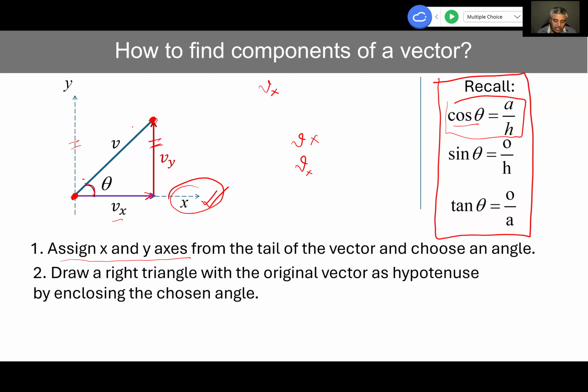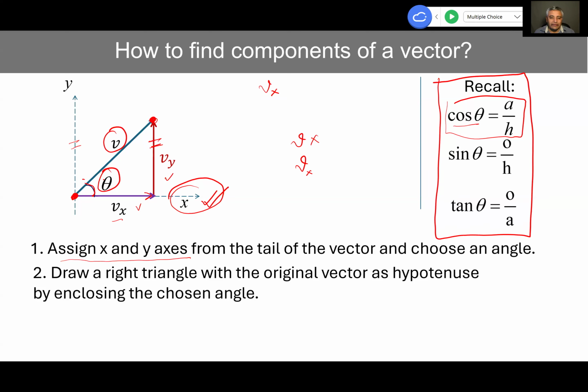So now see how we made a right triangle, and in the process of making the right triangle, we drew these components, okay? And now we want to find the components. To find the component, see, this v is known, this angle is known. Even if the angle is not known, you want to put an angle there and say, okay, it's theta, or some other notation for the angle.